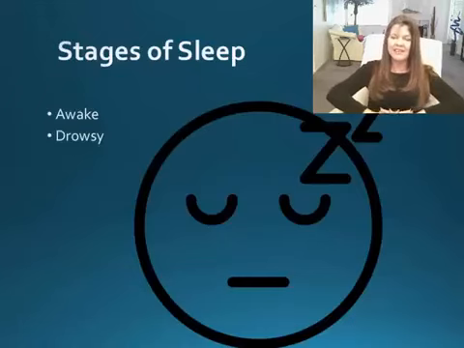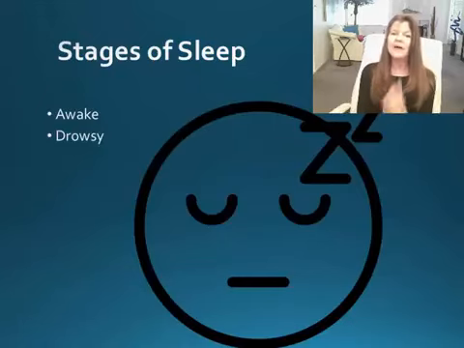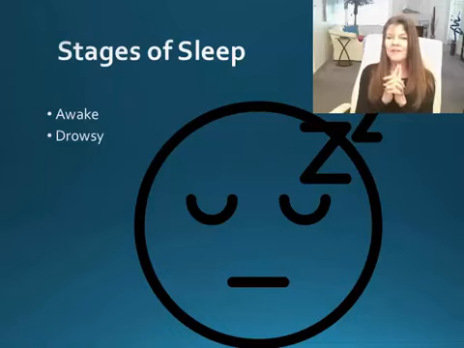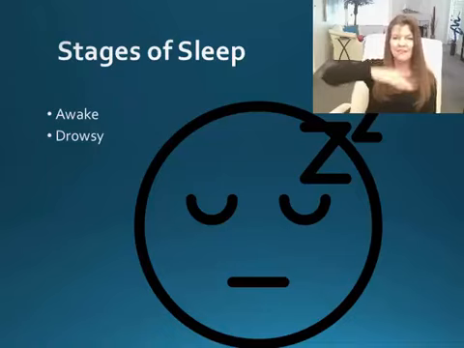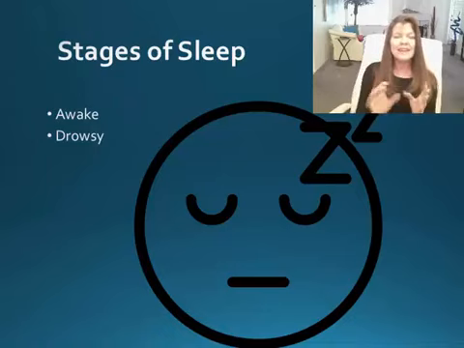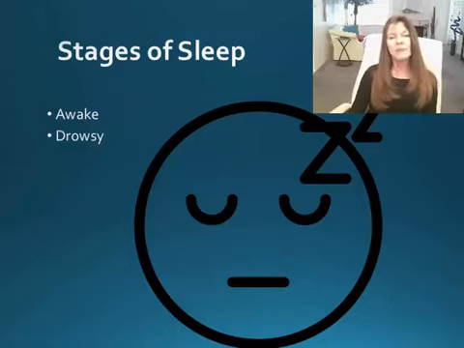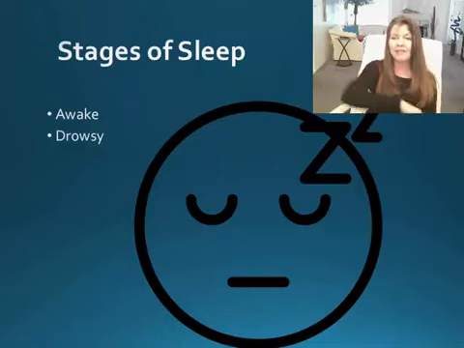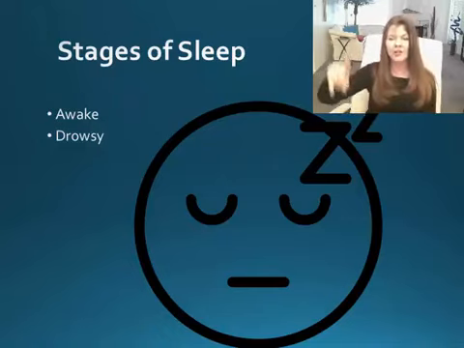Now let's look at the different stages of sleep. First, when you are awake, you have very fast and frequent small brain waves. But then you get drowsy. And as you progress deeper into N1, N2, and N3 sleep, your brain waves get slower and larger with each stage.